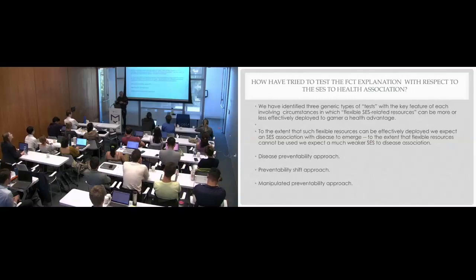To the extent that such flexible resources can be effectively deployed, we expect the SES association with disease to emerge. To the extent that flexible resources cannot be used, we expect a much weaker SES to disease association. So we're trying to derive from the theory predictions that can touch down on an empirical reference. We have 3 ways of doing this: the disease preventability approach, the preventability shift approach, and the manipulated preventability approach.